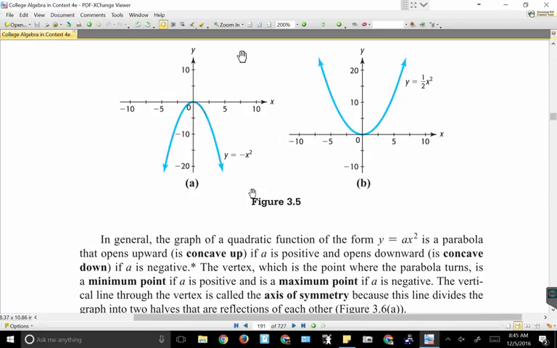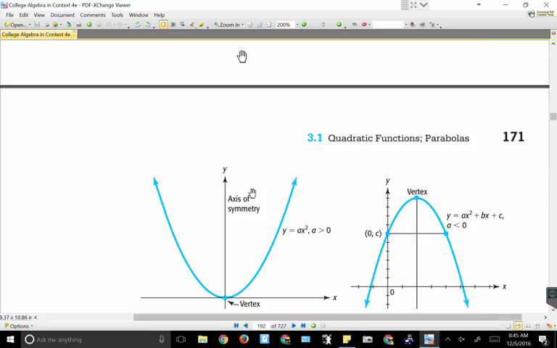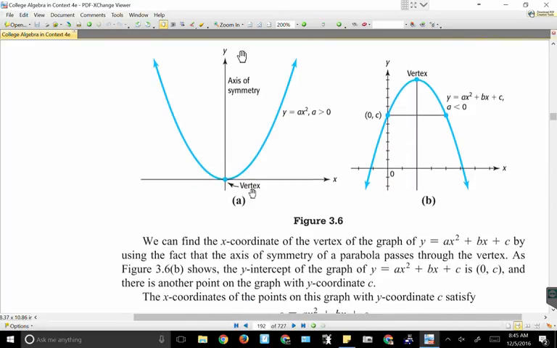It's always going to have a line going through the vertex, which, by the way, will always be the x-coordinate of the vertex, such that what you see on the one side would be exactly the same as what's on the other side. So having an idea of these kinds of things helps us identify where the parabola is, what it's going to be doing, and where we're going to go.